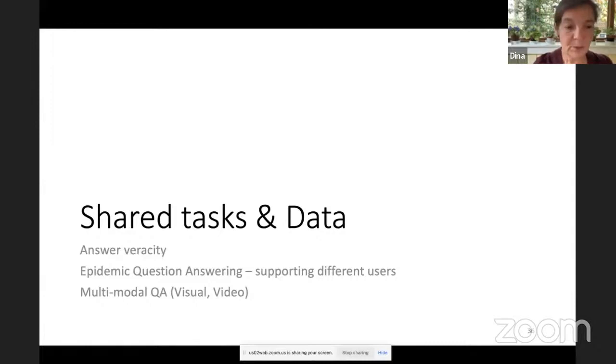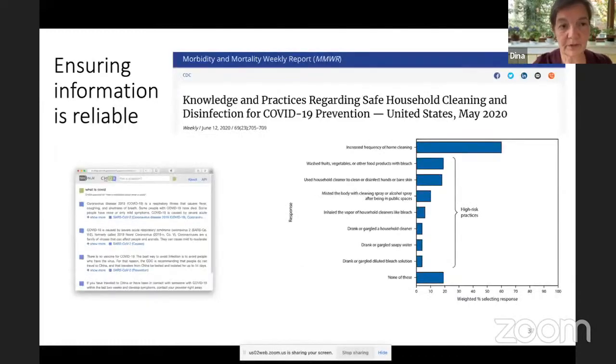And now I'm going to switch to the shared tasks and data that is available for these tasks. So first, a very important task of getting the reliable answers. That was a survey from CDC early on in May 2020 that really surprised me.